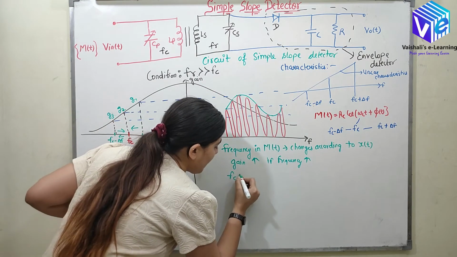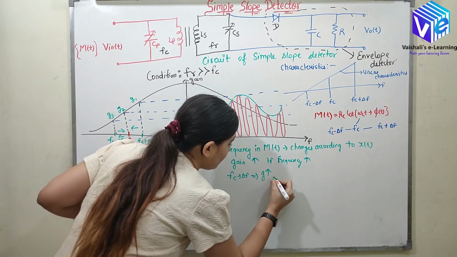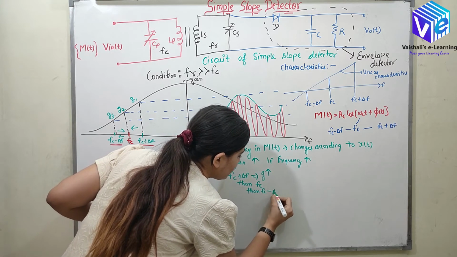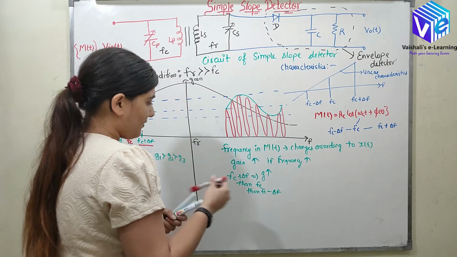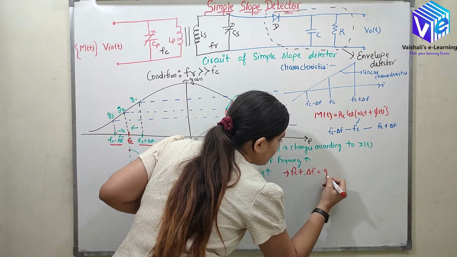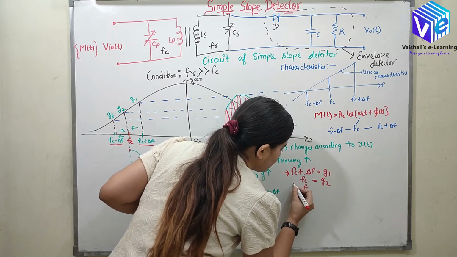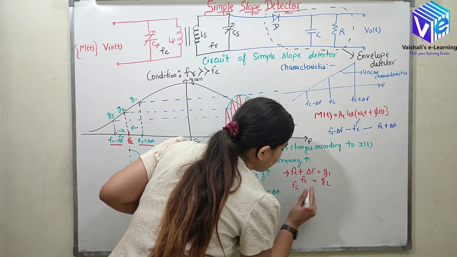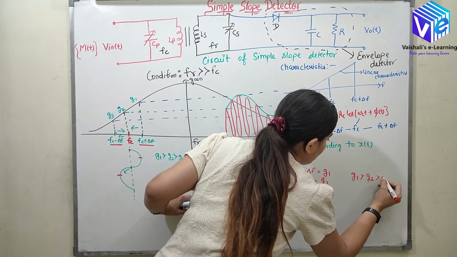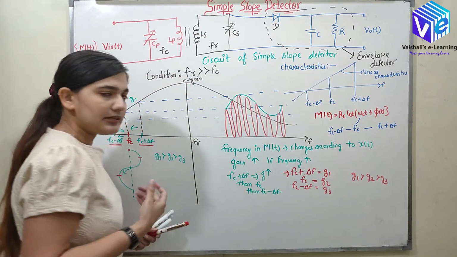So I can say Fc plus delta F has higher gain than Fc, then Fc minus delta F. So I can say Fc plus delta F is represented by G1, Fc is represented by G2, and Fc minus delta F is represented by G3, where G1 is greater than G2 greater than G3. So as soon as we are increasing frequency, we are increasing gain.